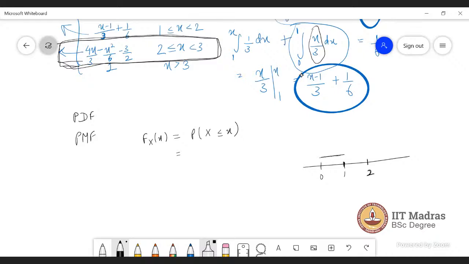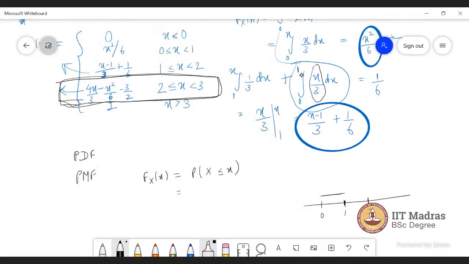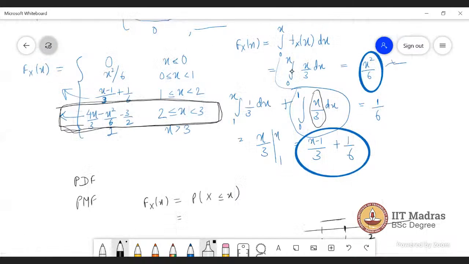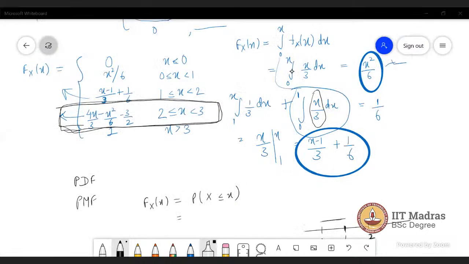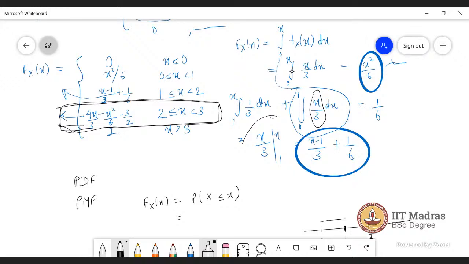I got that. My question is, for 0 to 1 we had x square by 6, right? And then while calculating from 1 to 2, we need to add x square by 6 to this x by 3. But you are integrating x by 3 from 0 to 1.